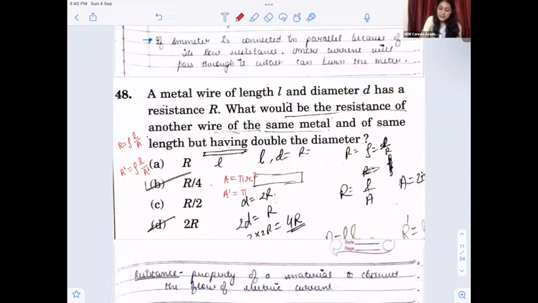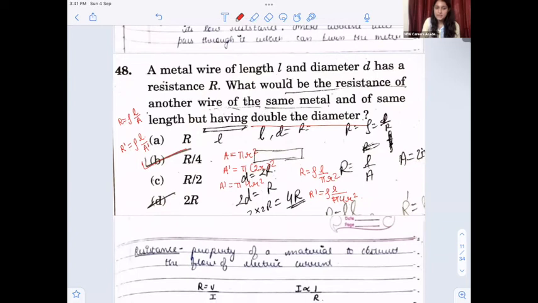Now see, double the diameter. If diameter is double, that means radius is double. So here radius is 2r, and we get area as pi 4r square. So now take ratio of first wire and second wire, and you will get answer as R by 4.